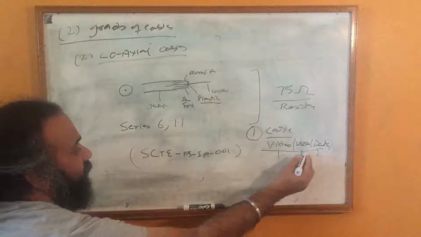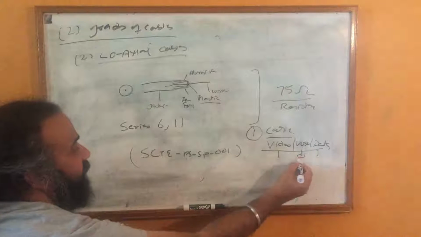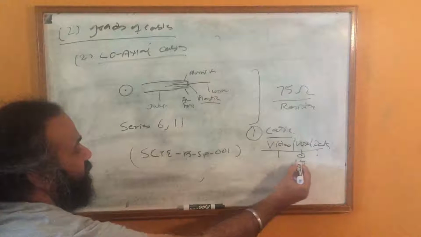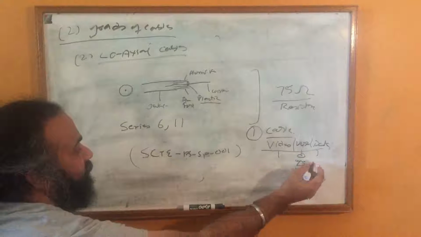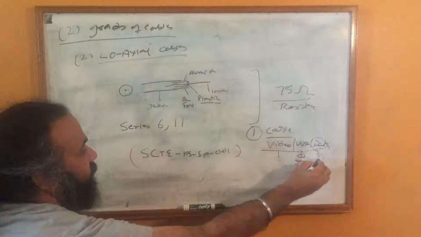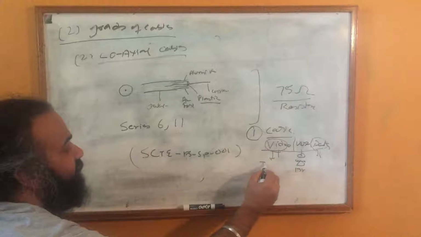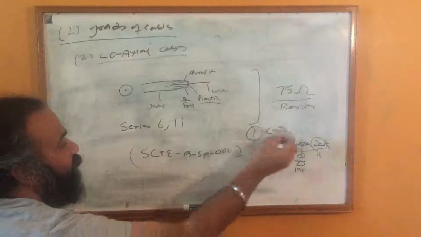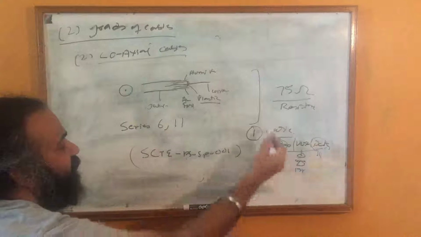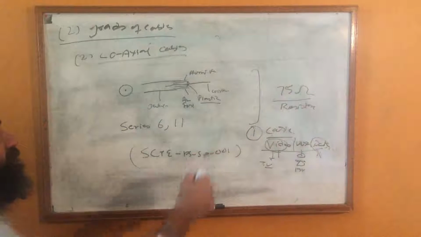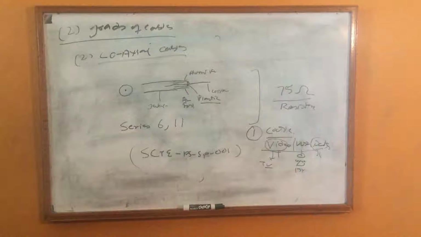For the voice, they might say, we are offering a voice over IP system for $19 a month. They will say you have internet available as a package, and also you are able to see your TV channels, so that is video. So the coax cable is also capable of delivering all of these services, likewise the category X cable media.